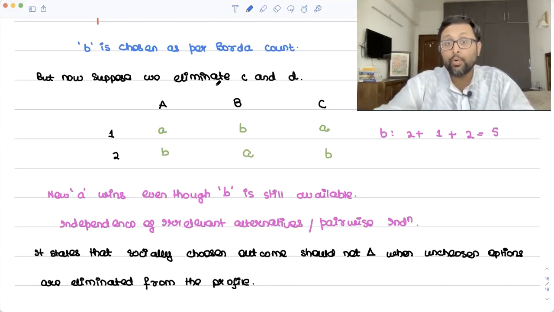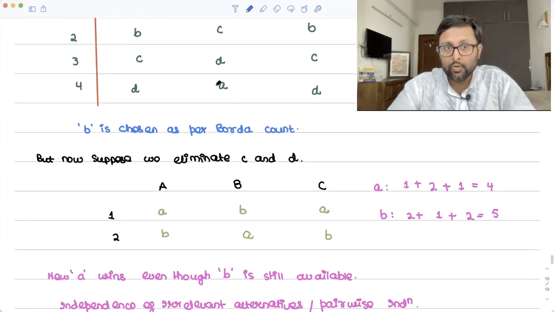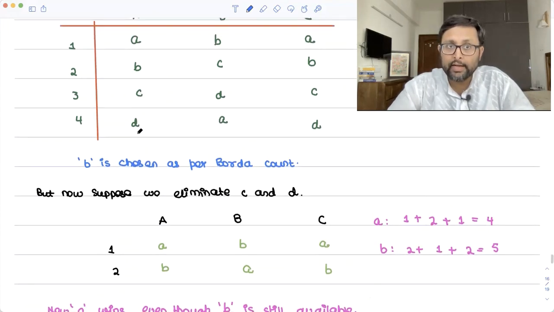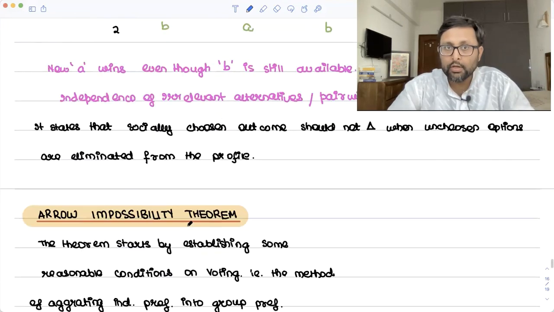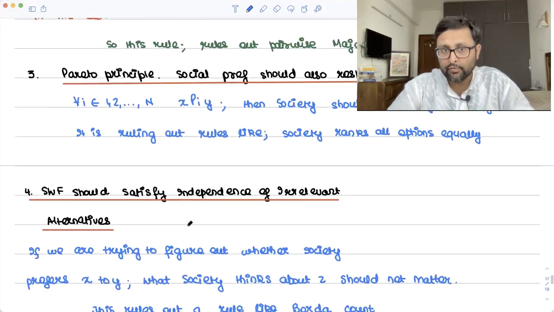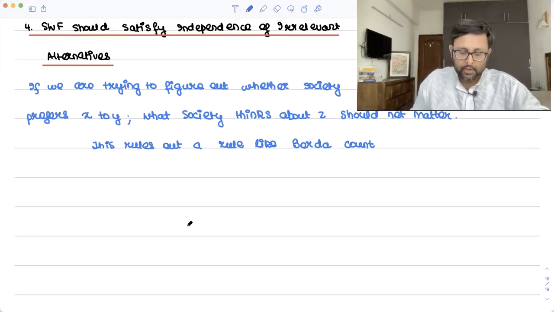So this is what independence of irrelevant alternatives is. In the example we gave yesterday, earlier when C and D were present, B was chosen. Now when C and D were eliminated, A is chosen. So this is not independence of irrelevant alternatives, right?